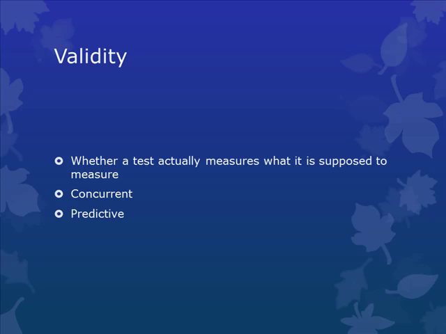So validity, as it's defined, is whether or not a test actually measures what it is supposed to. There is concurrent validity, in terms of whether it is congruent with other measures of student performance, and then predictive validity, whether it can tell what students will do in the future.